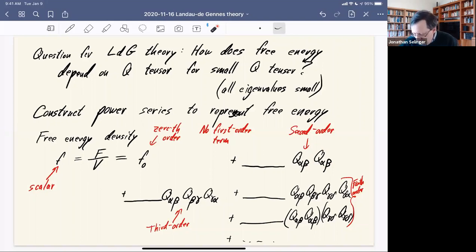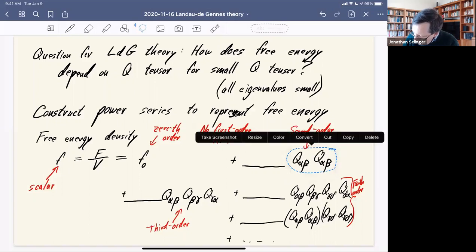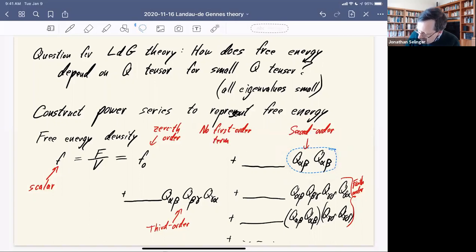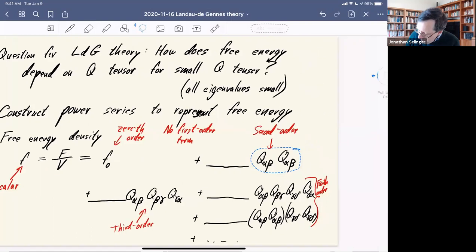What does that do in the free energy? Okay. So let's concentrate on this second order term for the moment. Okay, so I'm going to copy that to the next slide. Okay, we have this second order term.